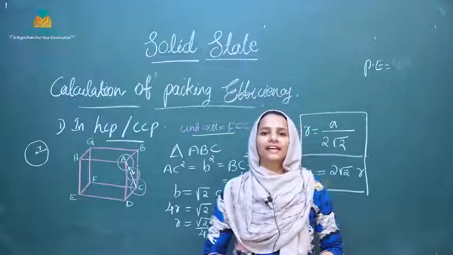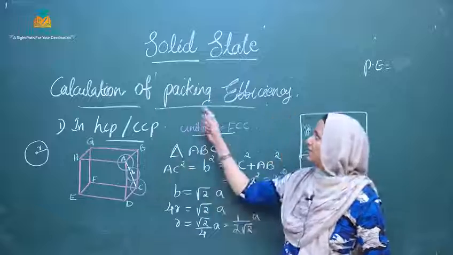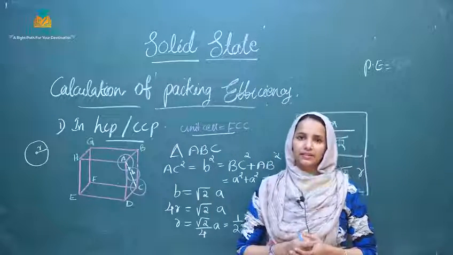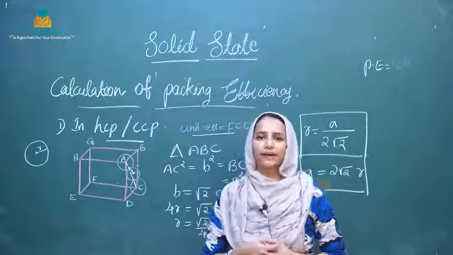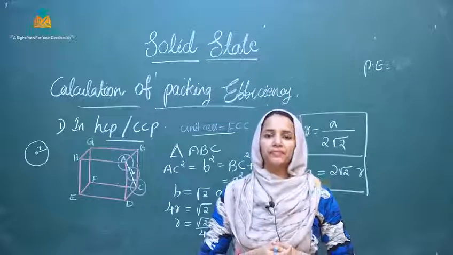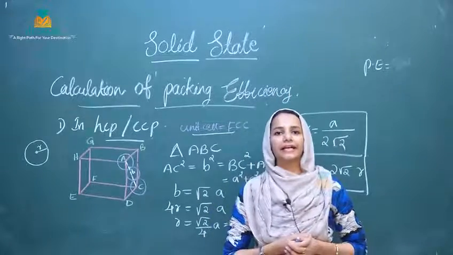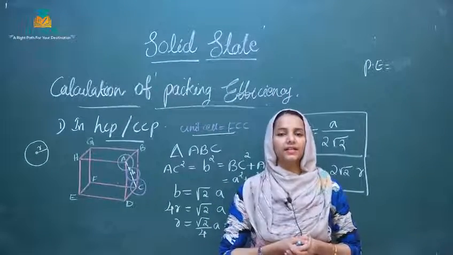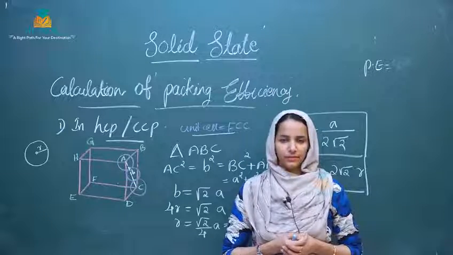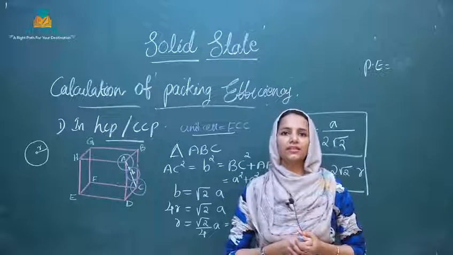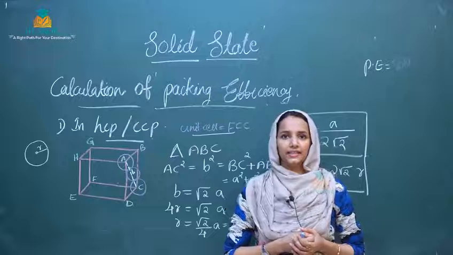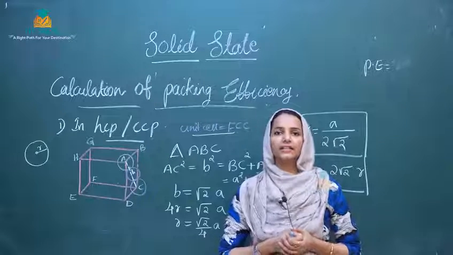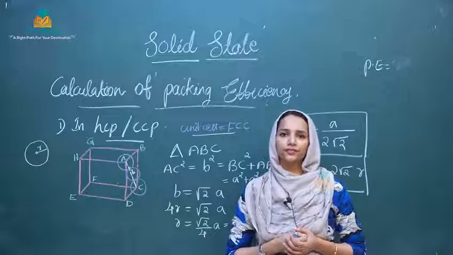Okay. So the next topic is calculation of packing efficiency. Before moving to the calculation of packing efficiency, we have to know the relation connecting the radius of the spheres and the edge length A. So first we discuss the relation connecting the edge length A and the radius of the sphere.